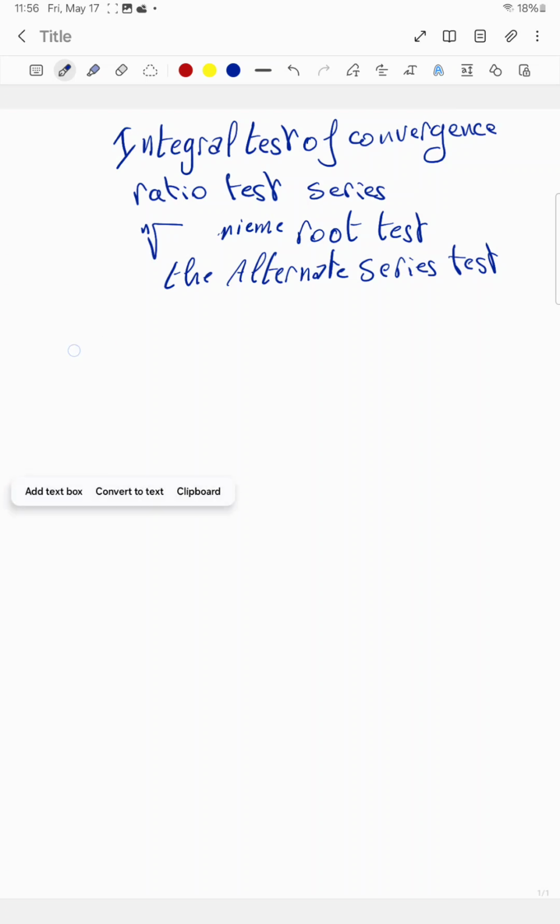Let's show that the series from n equals 1 to infinity of 1 over n squared. We want to study if it converges or if it diverges. I know that the denominator cannot be 0, but that series is starting with 1, so it is continuous.